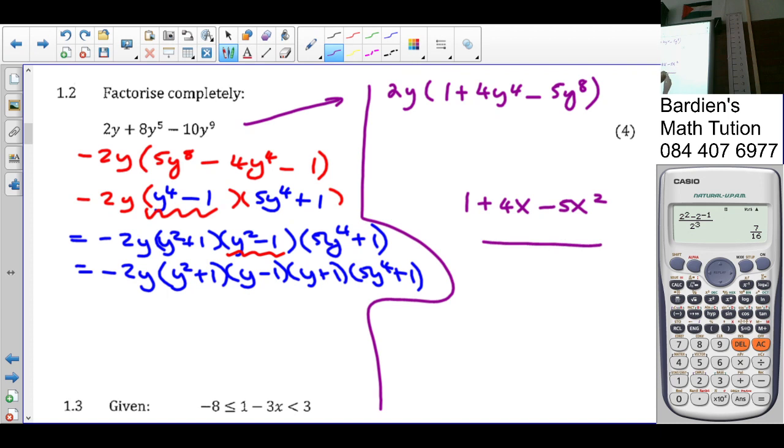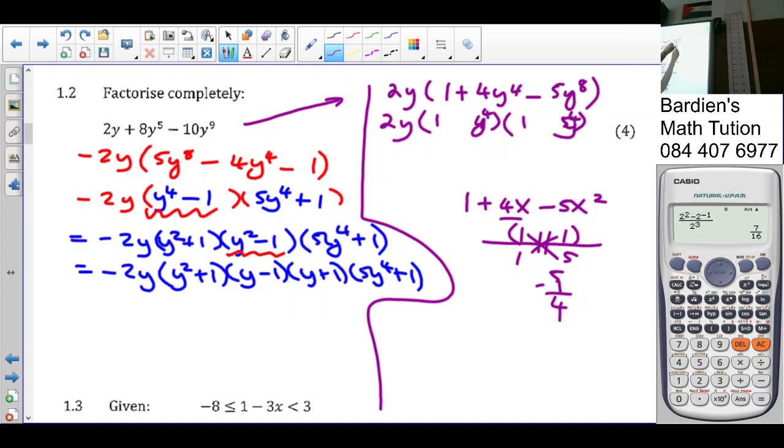So what I do is I take it to the product line. So it's 1 and 1, 1 and 5. Do we add or subtract the products? Subtract. 5 minus 1 is 4, and that's what I want. It's a 1 and a 1 in the bracket, and a 1 and a 5. So it's y and a y here, a 4 and a 4 there.